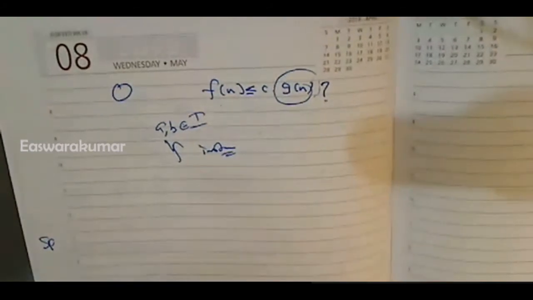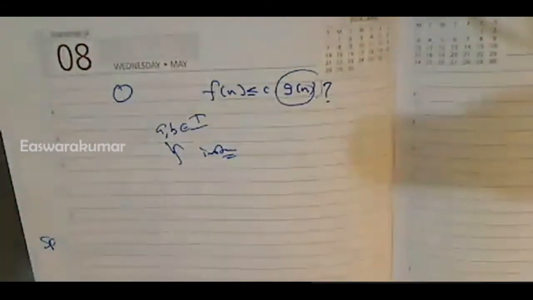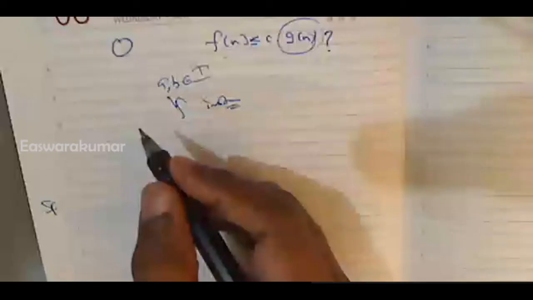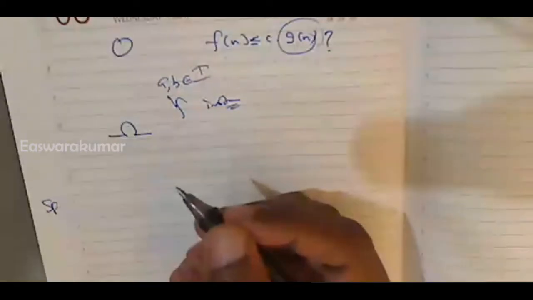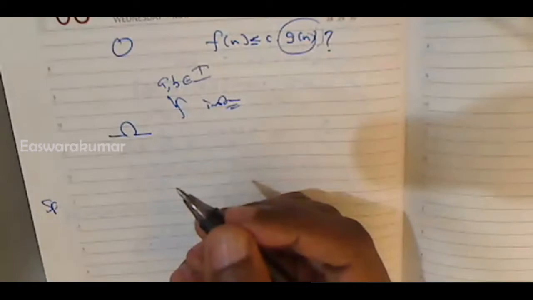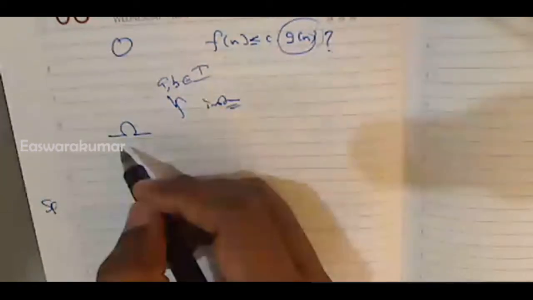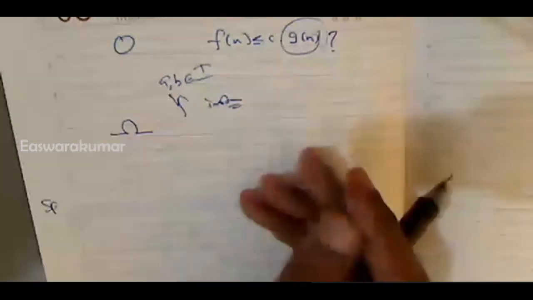Now like big O, there are several other notations available. Another important notation that we will also use in our course is the big omega notation. Once again the definition is almost similar, except for one change. Let me write the definition.